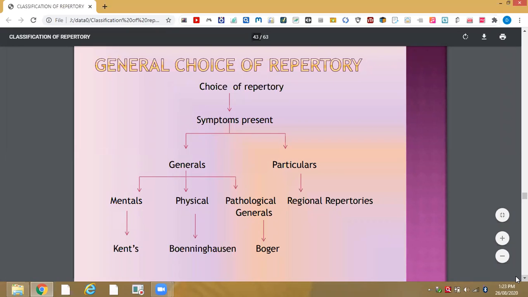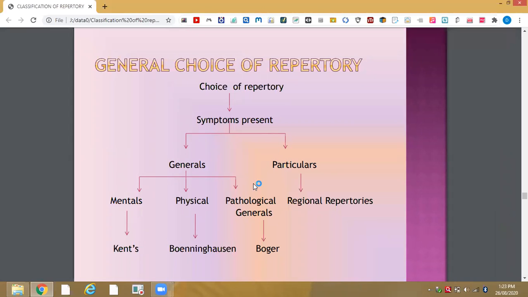As we have discussed the classification of repertory, if we get the general symptoms more prominently, and we get the mental generals prominently, then we choose the repertories based on the philosophy of general to particular, or the philosophy based on deductive logic. For example, Kent's repertory, Complete Repertory.